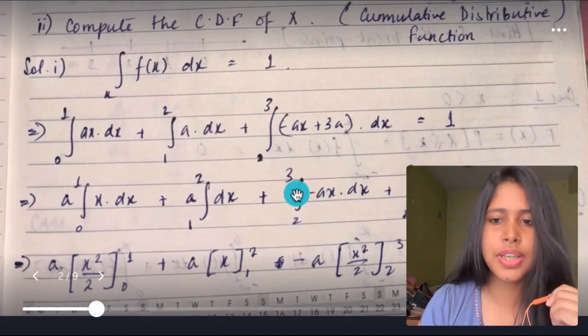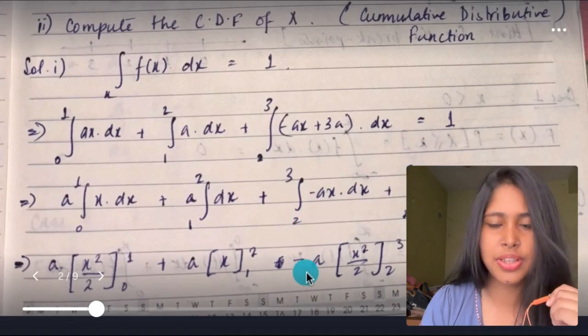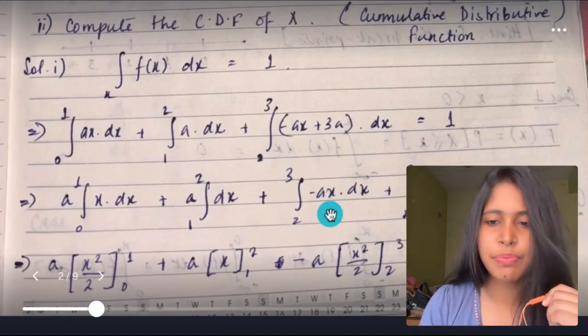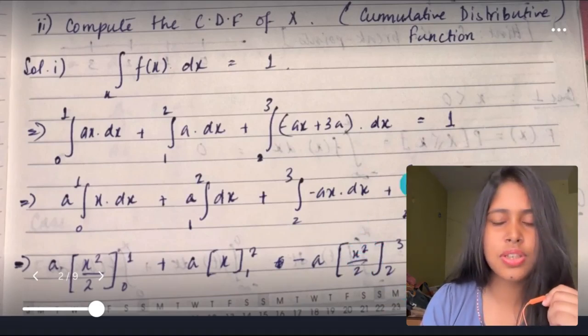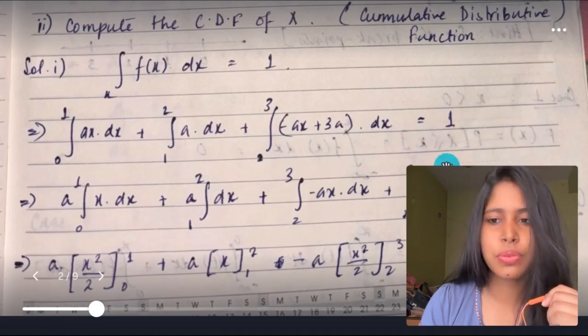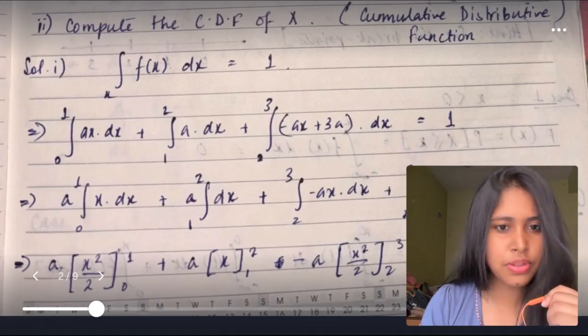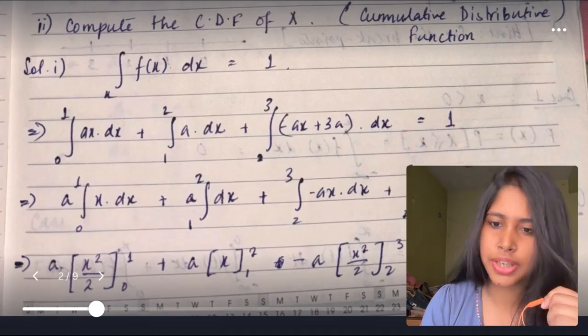Here also you take out the constant, which is minus a, and we are left with x. The integration of x is x squared by 2, the limit is 2 to 3, and we take out the constant 3a, so we are left with dx. The integration of dx is x, and the limit is the same, 2 to 3, which again equals 1.